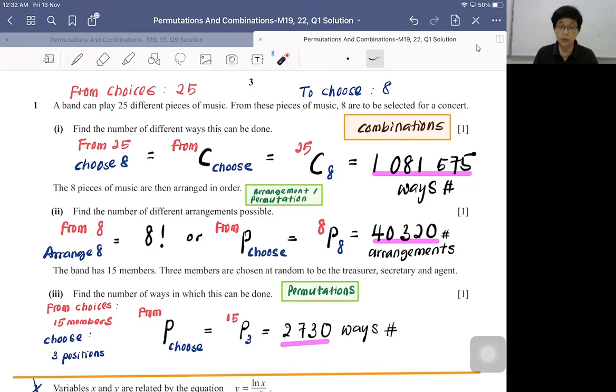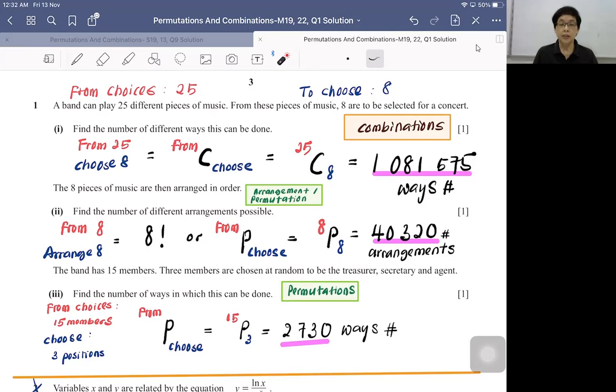Out of these 25 choices, they are not going to play all the 25 pieces at one time, but each time they are supposed to pick only 8 choices for a concert. So in summary, this is what I have written out for our attention: from 25 choices, to choose 8. Okay, that is the scenario that's presented before you.